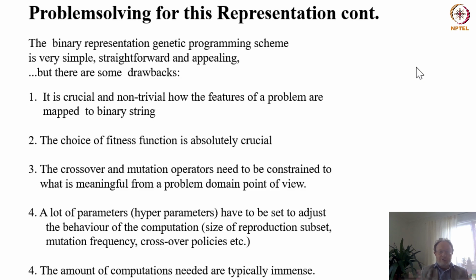Already when we talked about neural networks, we realized that it's not necessarily a simple problem to take a set of features in some form and map them onto the input layer of a neural network.